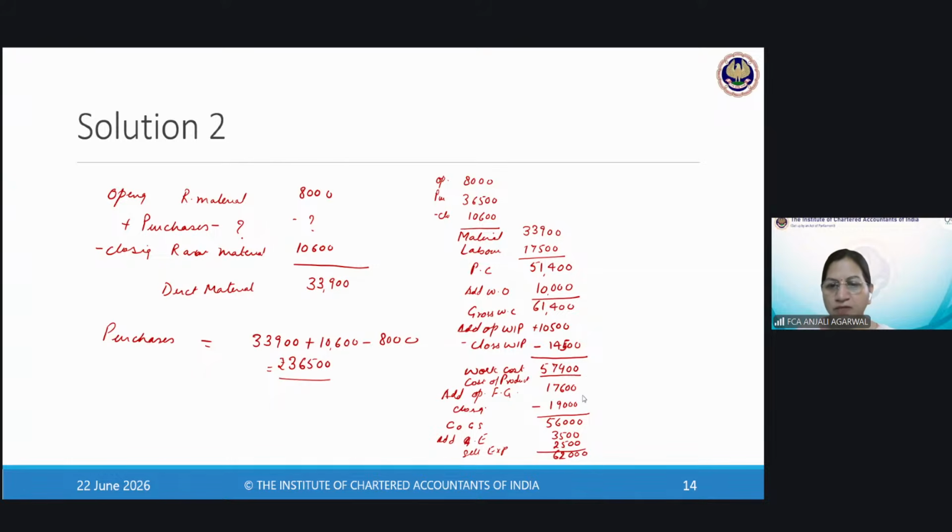To this, you add opening stock of finished goods less closing stock of finished goods, you get cost of goods sold, 56,000, which is given. And when to this cost of goods sold you add the general and administration expenses and selling expenses, your total cost of sales becomes 62,000. When sales value is deducted from here, you get the profit.